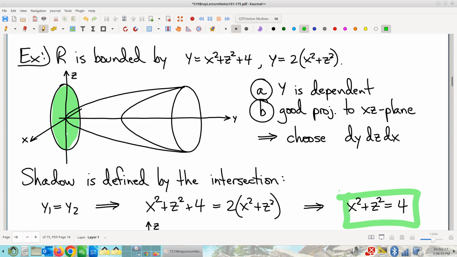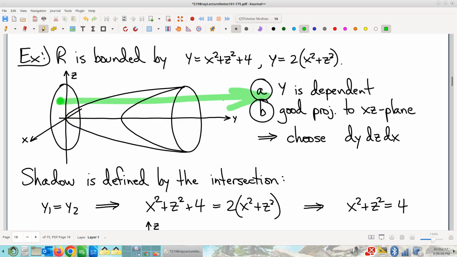Disks are relatively easy. Okay, and then furthermore, for any point in that disk, we can talk about what happens as you go in the y direction. And, well, we're going to enter into our solid at a point like that, which is consistently on that surface. Every time.